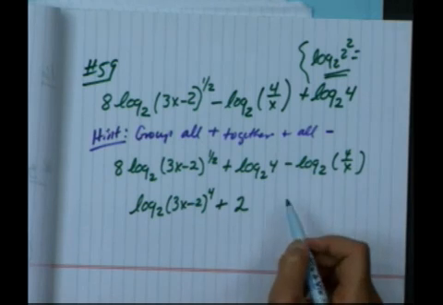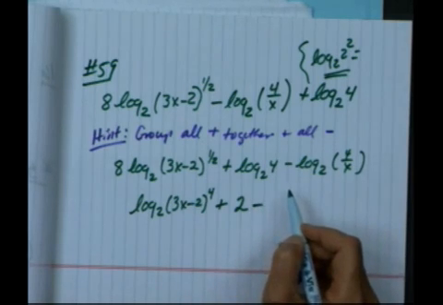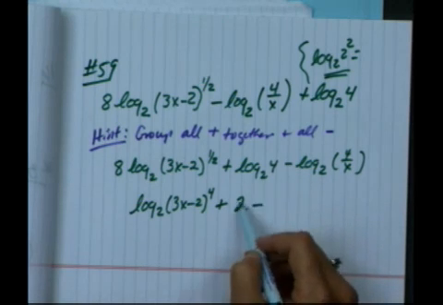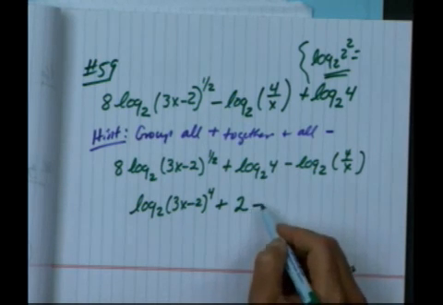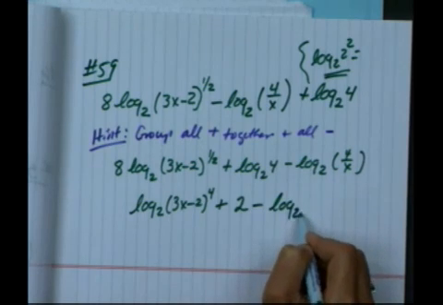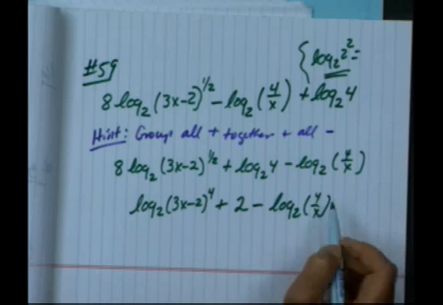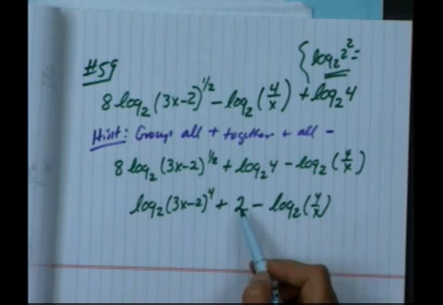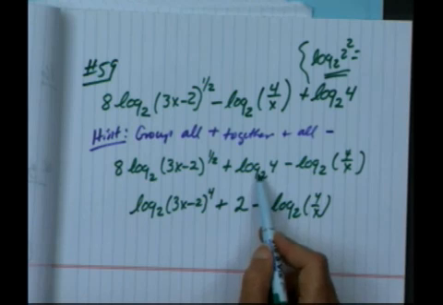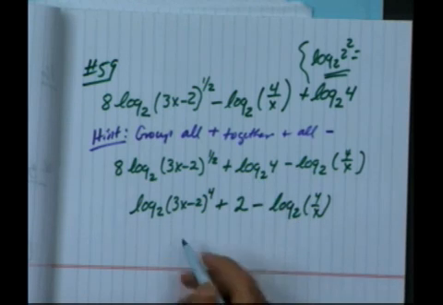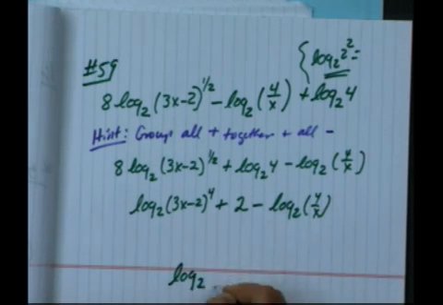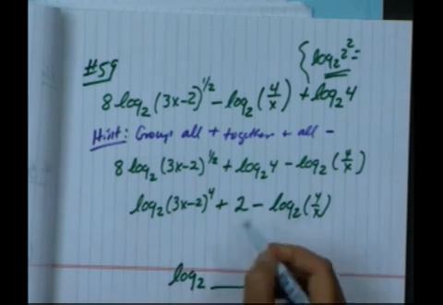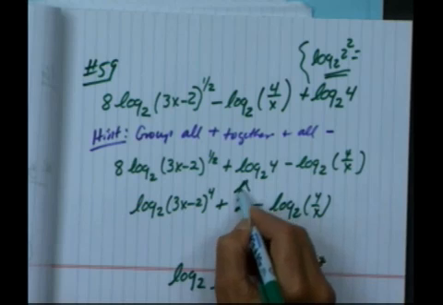I'm not sure I wanted to do that, since they told me to put this as a single log expression. Maybe I better not simplify that. Let's keep going and see what happens. I think they must want us to keep it that way. I'm not quite sure why they use those numbers. I would have changed that to a 2, but they want the final answer to be log to the base 2 of something. So let's keep it the way it is.